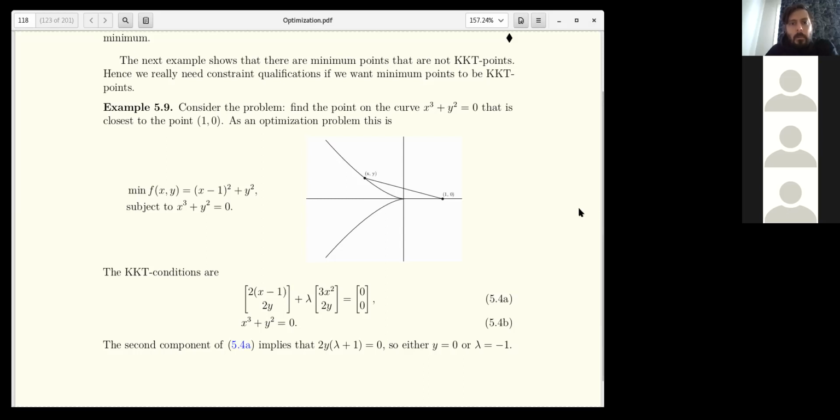We can express this as minimize (x minus 1) squared plus y squared subject to x cubed plus y squared equal to 0. So this curve, this bird's beak kind of curve here, is a constraint that often is used.